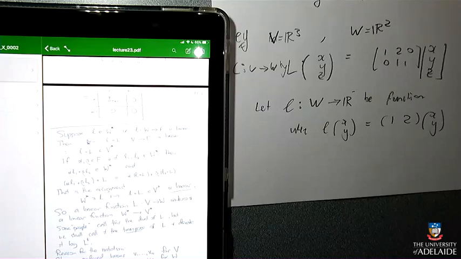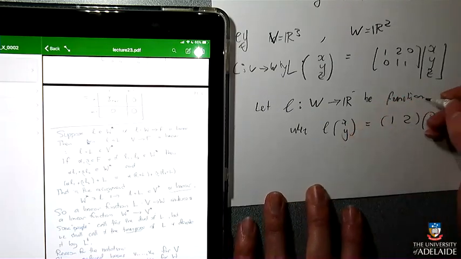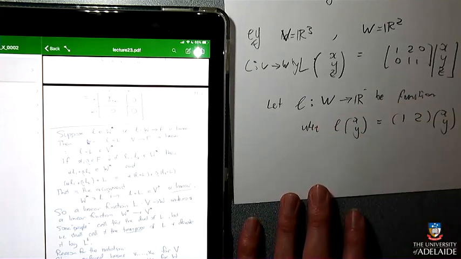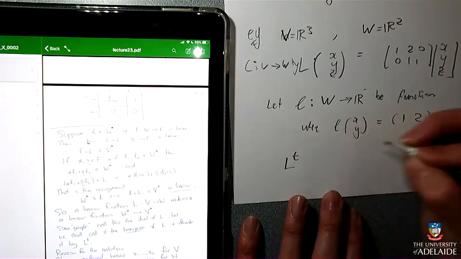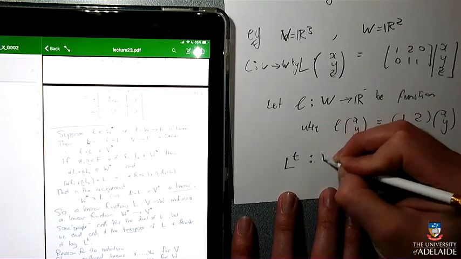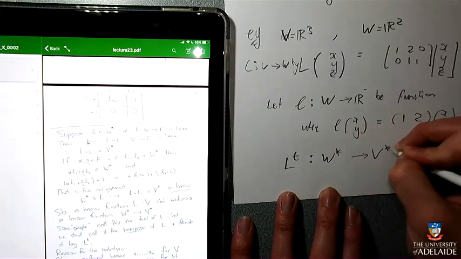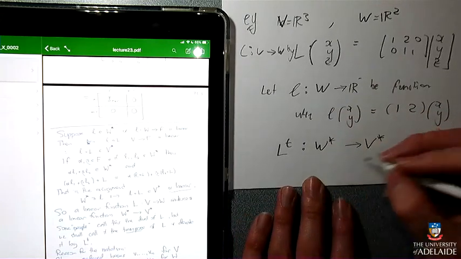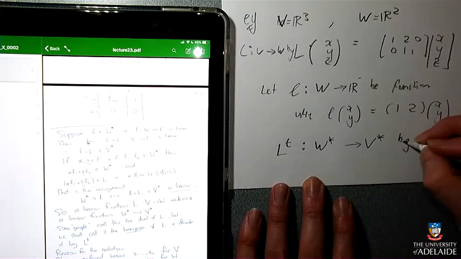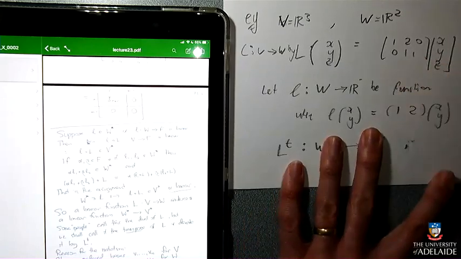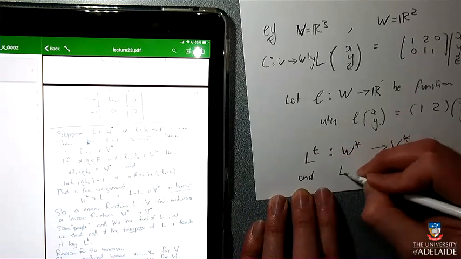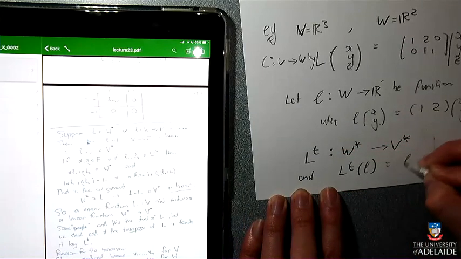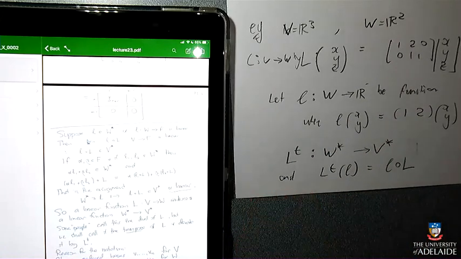That's what that does. So L transpose sends W star to V star. L transpose of l is l composed with big L. I mean, that's what we were told it was, right?